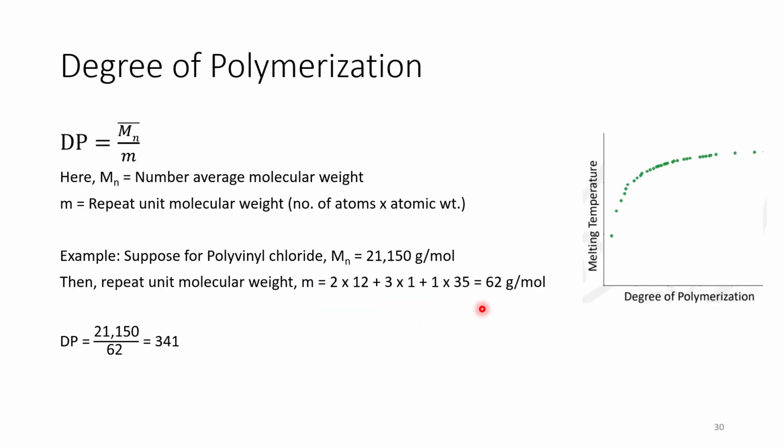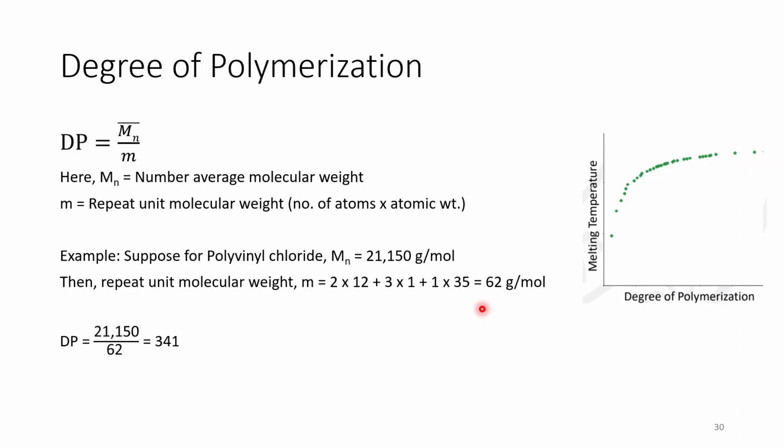Degree of polymerization. In this case, you divide your number average molecular weight by the repeat unit molecular weight. Here, the number of atoms times the atomic weight will give you the repeat unit molecular weight.